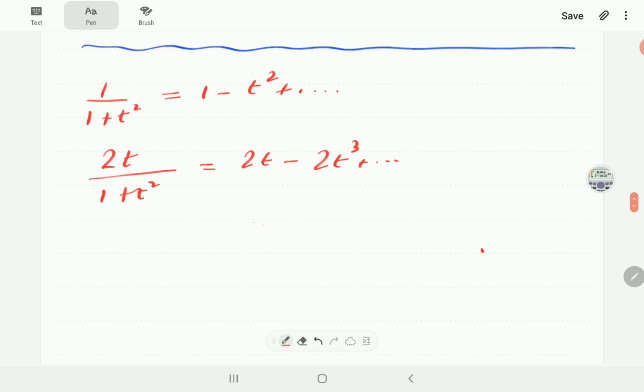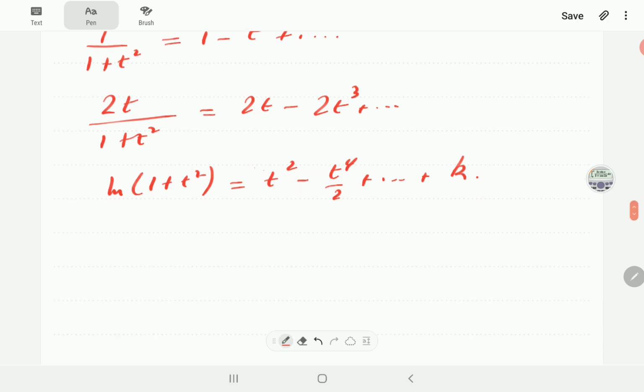If we integrate both sides of this, then the left hand side is going to be ln of 1 plus t squared. The right hand side is going to be t squared minus t to the power 4 over 2 plus lots of other terms, and then plus a constant, since we're doing an indefinite integral.